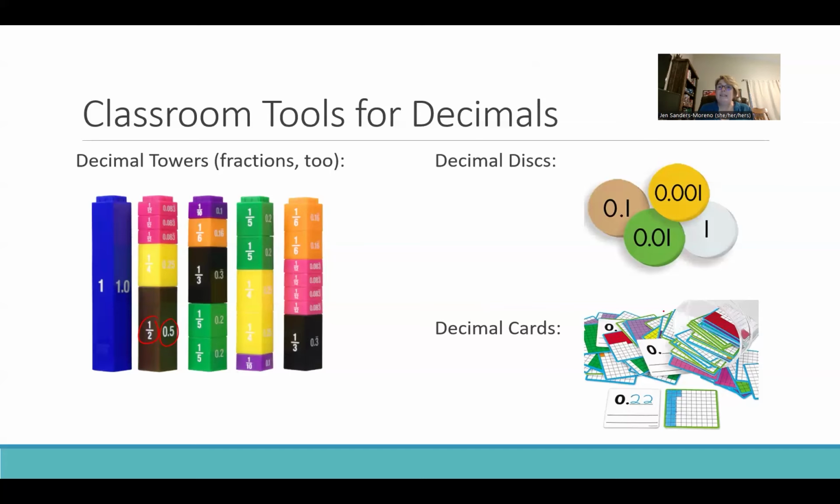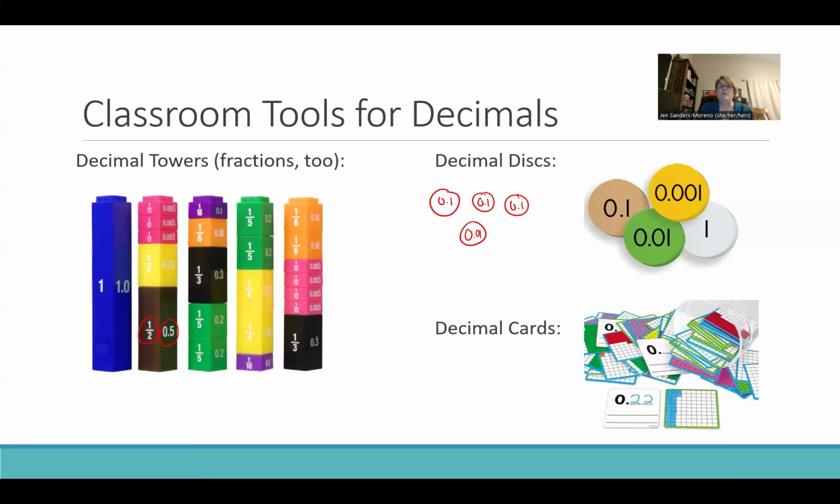We also have decimal discs. These are usually either magnetic pieces or little laminated cardboard. You can buy a set. The benefit here is that if you ask students to tell you how much this is, I'll just stop there.